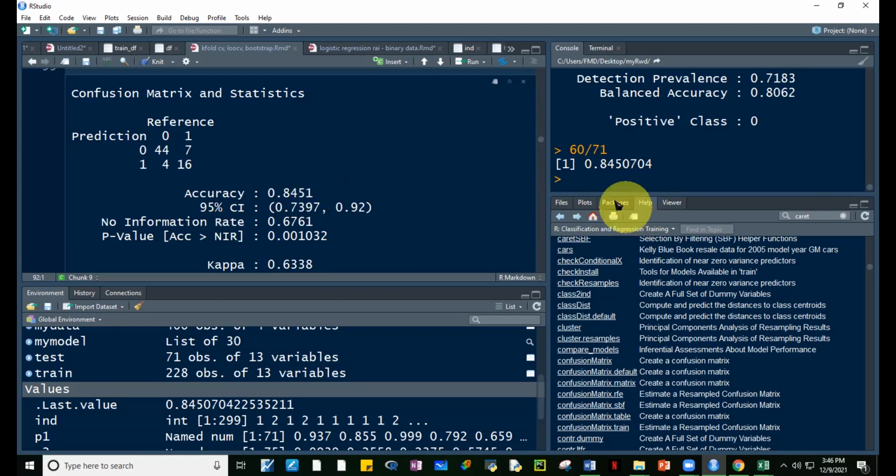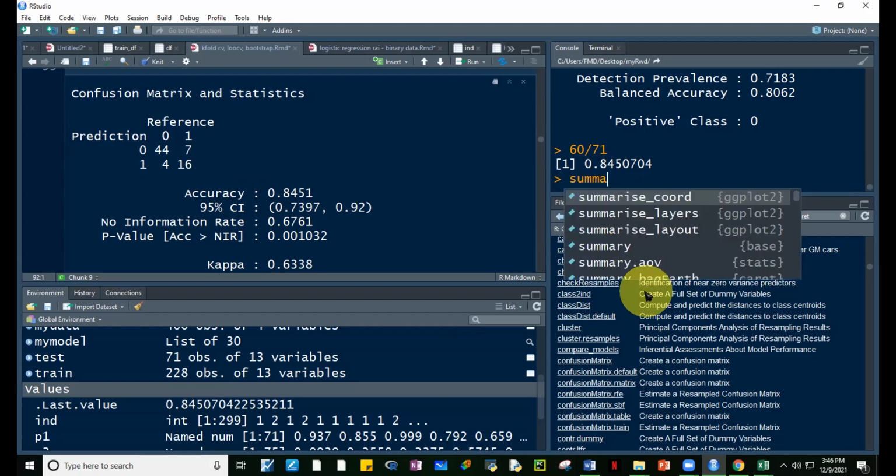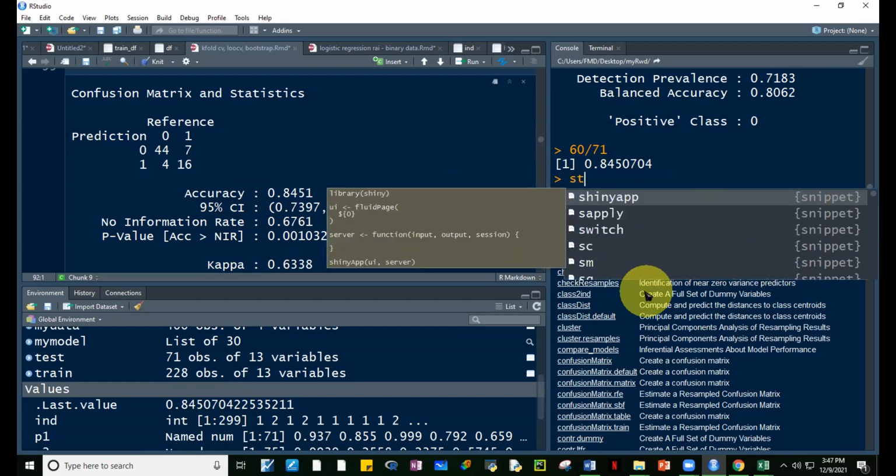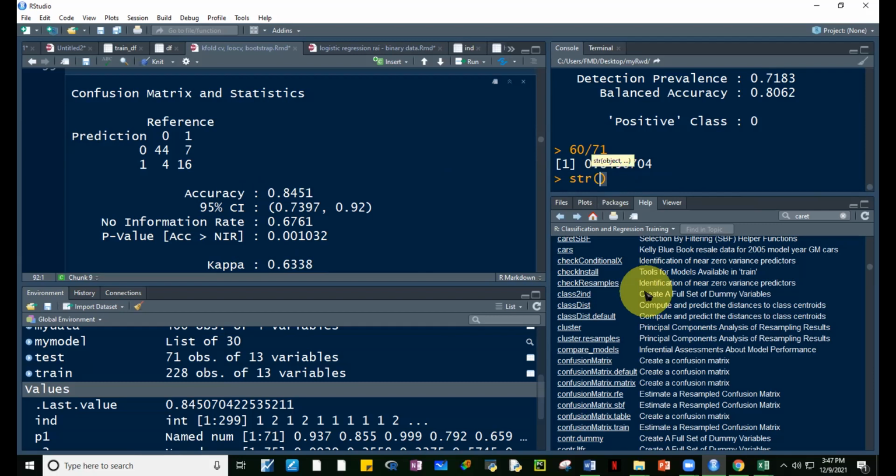Ngayon, itong no information rate, kasi guys, if we summary natin, no? Summary ni heart. Hindi, heart data pala, sorry.